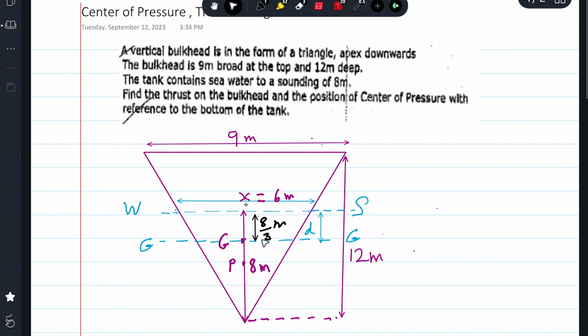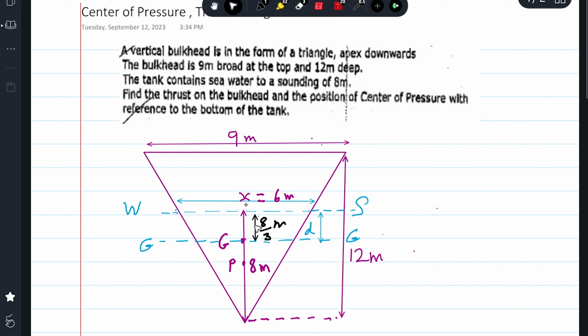What is the depth of the centroid from the water surface? We have this inverted triangle with the base WS. We are talking about the depth of this centroid from the WS. The depth of the centroid from the base of the triangle is always 1/3 of the height.